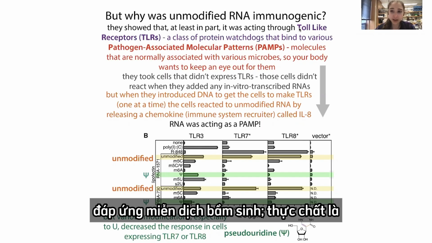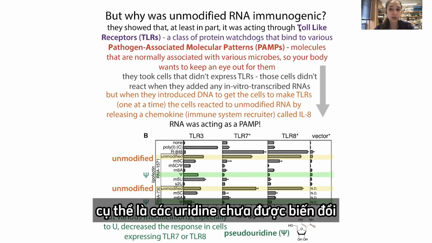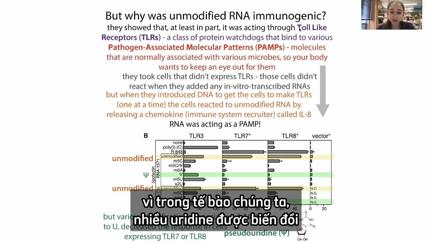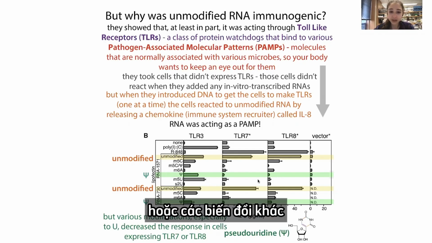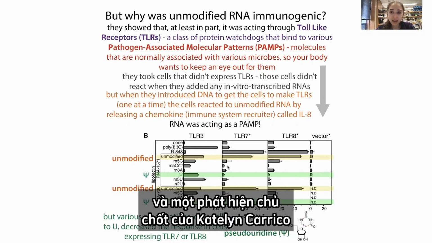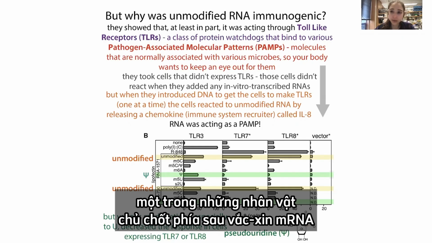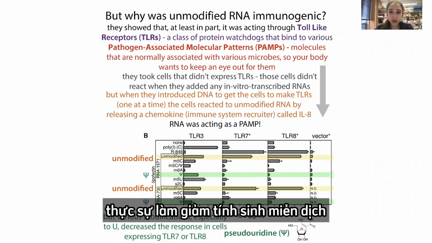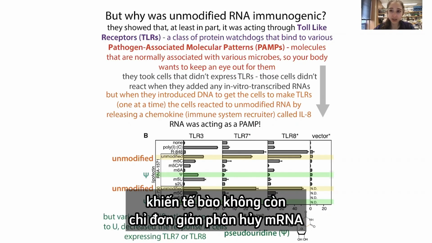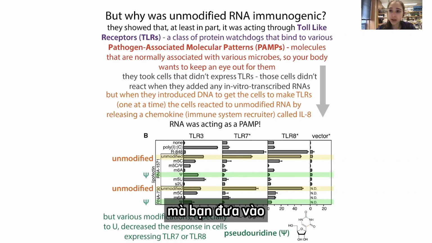Well, specifically unmodified uridines. In our cells, a lot of uridines actually get modifications, like pseudouridine modifications or other modifications. One of the key findings of Katalin Karikó, who was one of the key people behind mRNA vaccines, was that modifying the uridines decreased the immunogenicity, so the cells wouldn't just degrade the mRNA that you put in.